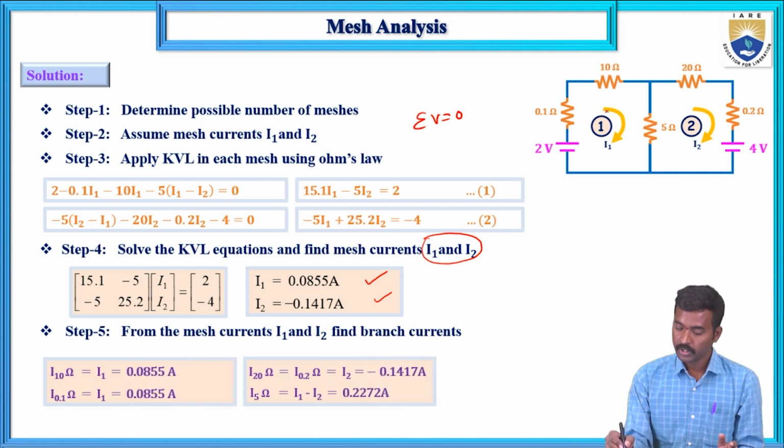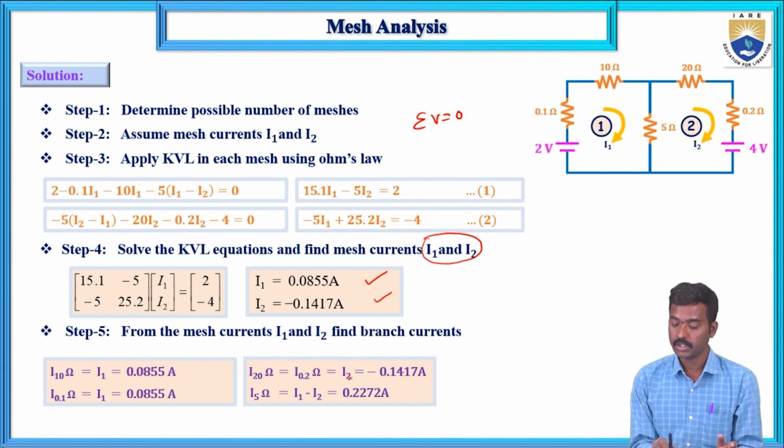The current flowing through the 10 ohm resistor is I1, 0.0855 amperes, and the 0.1 ohm resistor has the same I1 current, 0.0855 amperes. Next, the I2 current: the 20 ohm and 0.2 ohm resistors are connected in series, so the same current flows through each element.